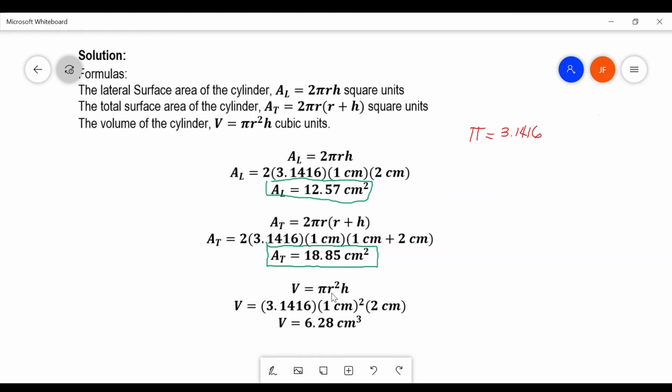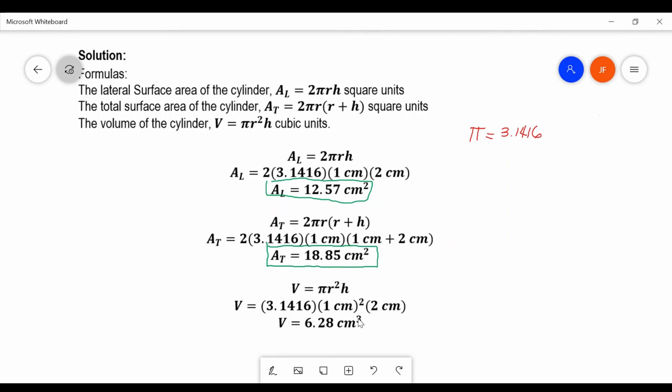Here our radius is 1 centimeter, then height is 2 centimeters. Again, order of operations: square this one, but since the value is 1, squaring it is the same. 1 squared, or 1 times 1, is also 1. Then multiply all the given, and it entails 6.28 centimeter cube.